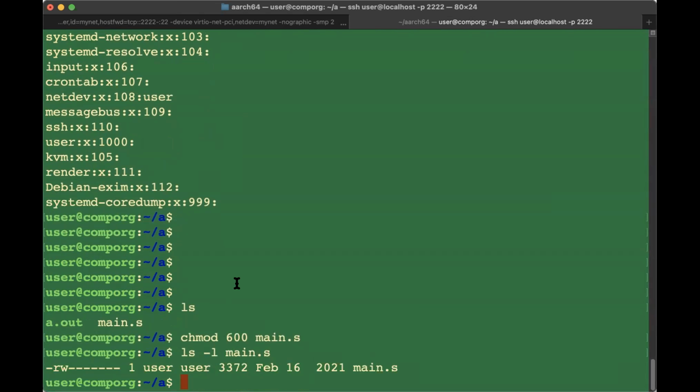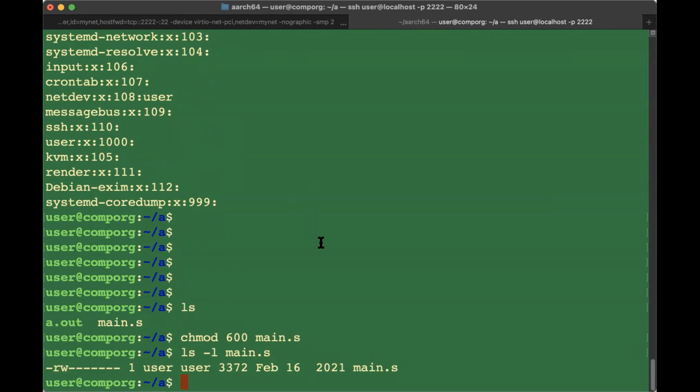Okay, so 6 in octal is 110. So here's read, write, execute, 110. Now, that's a file that you want to keep to yourself.